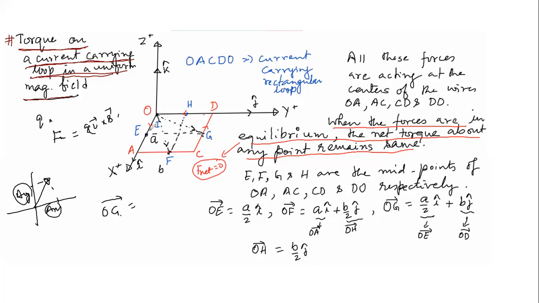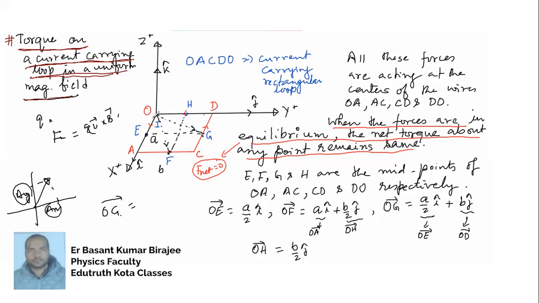So OE is the x component, and how much is this? a by 2, with unit vector i, and OD will represent the y component of OG, and that is b j. In a similar way, consider the midpoint of the DO arm, S. So what will the OS vector be?